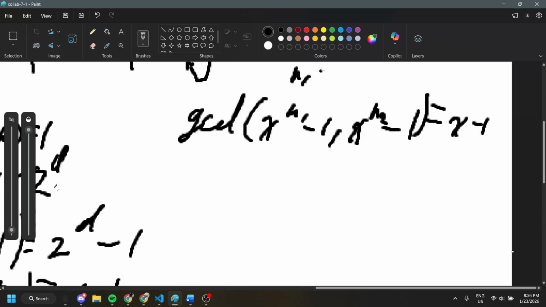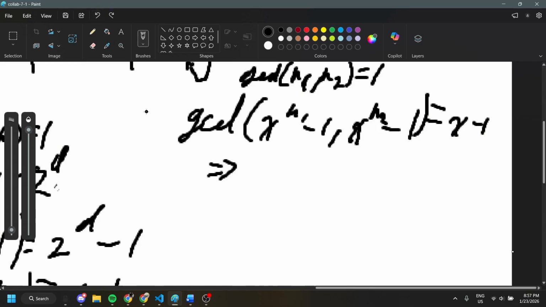And the GCD of n1 and n2 is equal to 1. So from this, we get that the only shared solution between these two must be x minus 1.